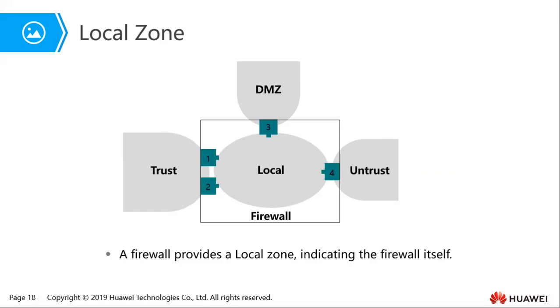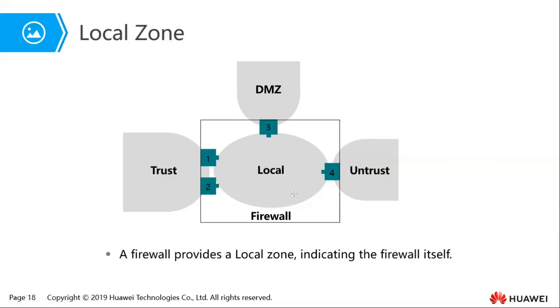Any packets that are being created from the firewall itself, maybe going to your internal network, are actually moving from the local zone to the trust zone. So any packets that originate from the firewall itself originate from the local zone. So a firewall provides a local zone indicating the firewall itself.